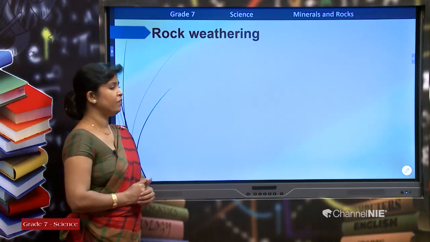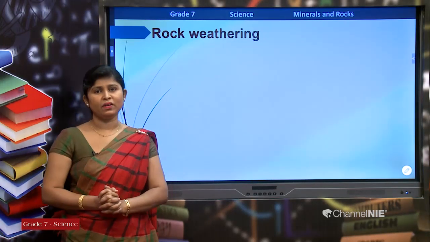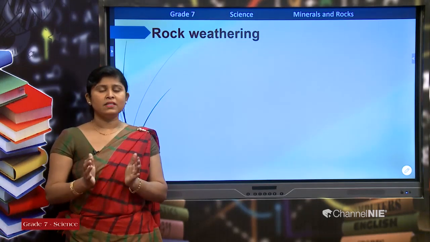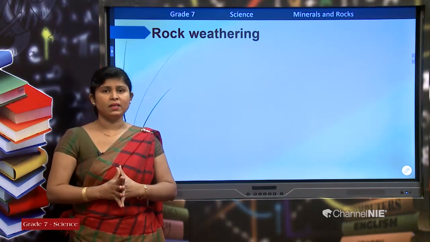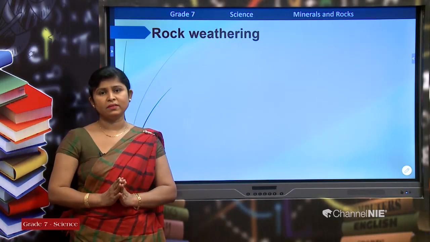Right. Rock weathering, weathering of rocks, right. What do you mean by weathering of rocks? The rocks that are on the crust of the earth are always subjected to weathering, because they break into small pieces and they support the formation of soil, right?